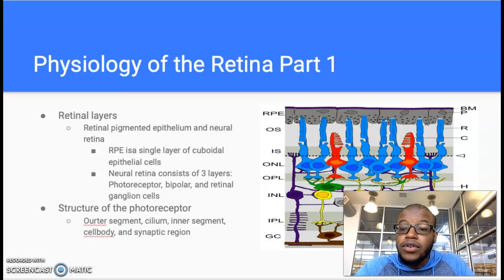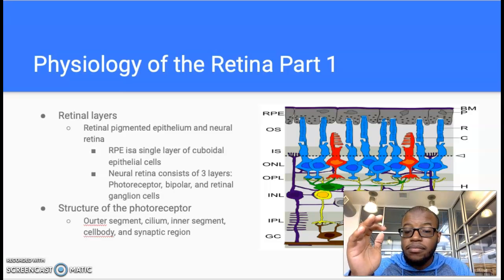The structure of the photoreceptor is that there is an outer segment, there is a cilium, there is an inner segment, and a cell body and a synaptic region. As you can see in the picture on the right, the top layer is the outer segment, which is followed by the inner segment.